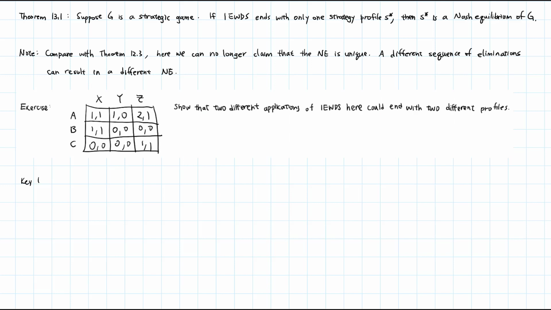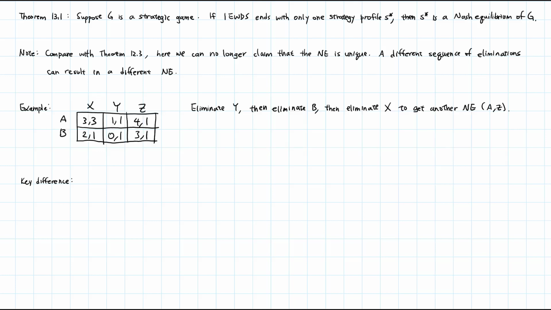So what is a key difference between the strictly dominated case and the weakly dominated case where we might not get a unique Nash equilibrium in the second case? Well, unlike strictly dominated strategies, which cannot appear in any Nash equilibrium, weakly dominated strategies can actually appear in a Nash equilibrium.